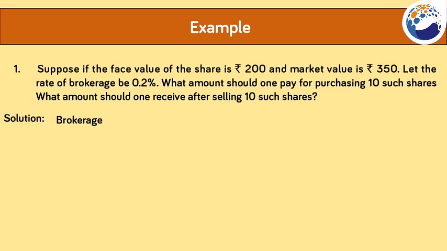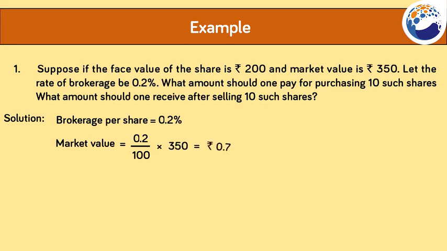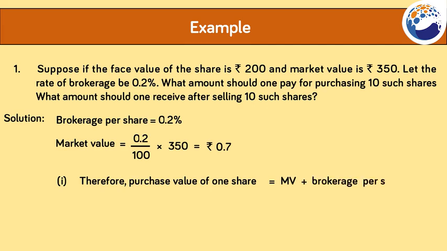Brokerage per share is equal to 0.2% of market value, which is 0.2 upon 100 into 350, that is equal to Rs 0.7. Therefore, purchase value of one share is equal to market value plus brokerage per share, which is 350 plus 0.7 is equal to 350.7.